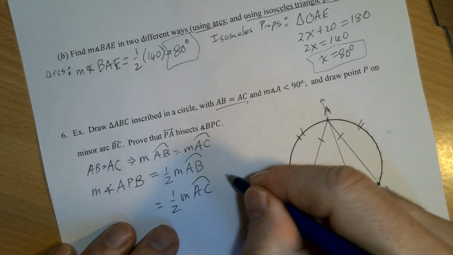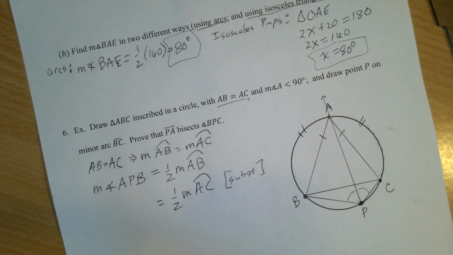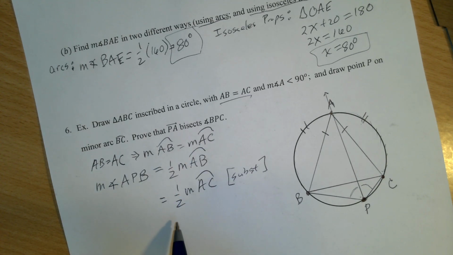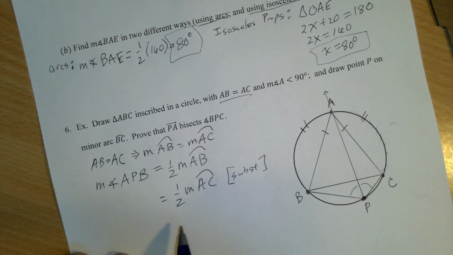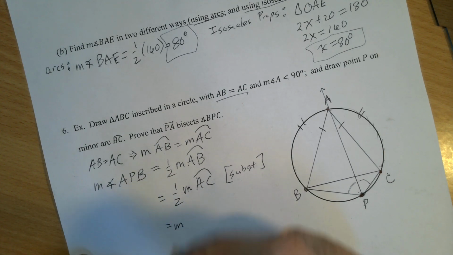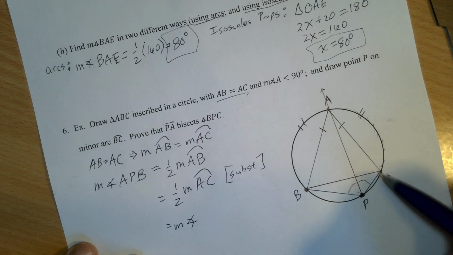Why are we doing that? By substitution, because we know the measure of arc AB is the same as the measure of arc AC. All right, 2 more lines, and I think we will be done with this. So what is the measure of angle APC?